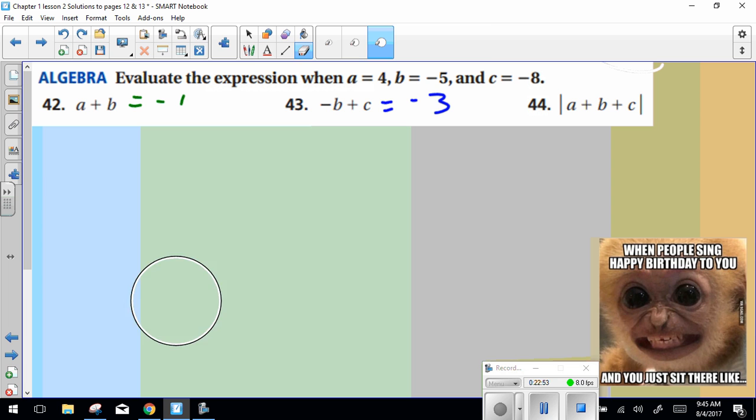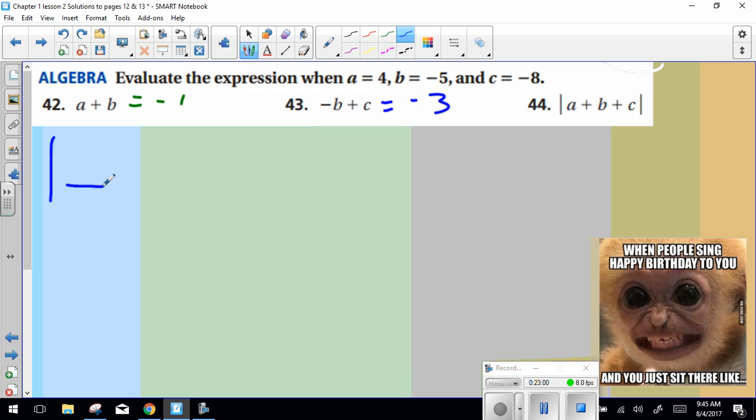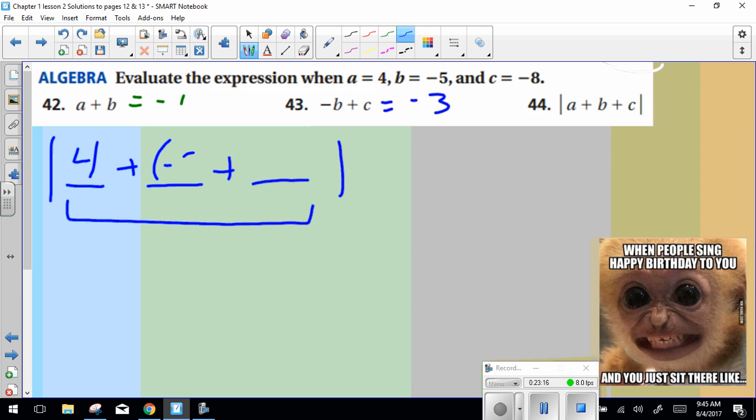Okay, 44 is a wonderful question. Okay, it's in absolute value. So absolute value of A plus B plus C. So what we're going to do is add everything up in here first and then take the absolute value. So A is 4, B is negative 5, and C is negative 8.